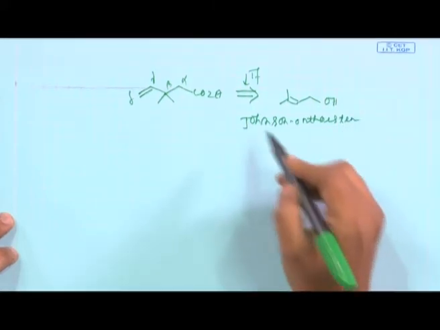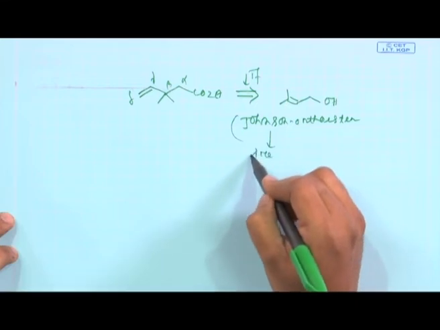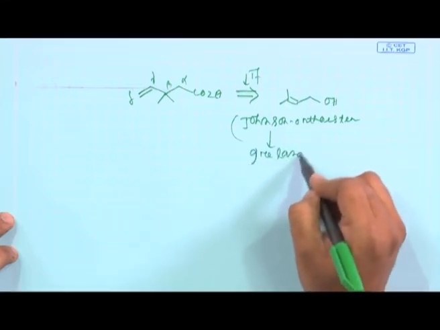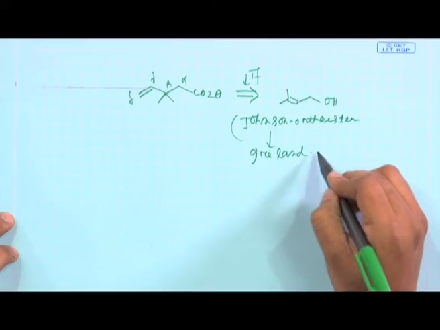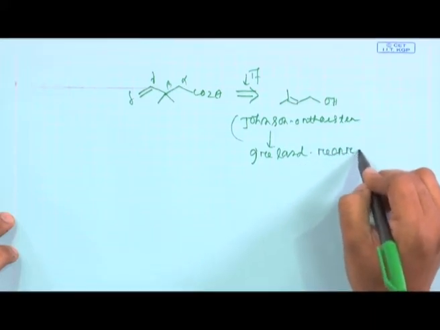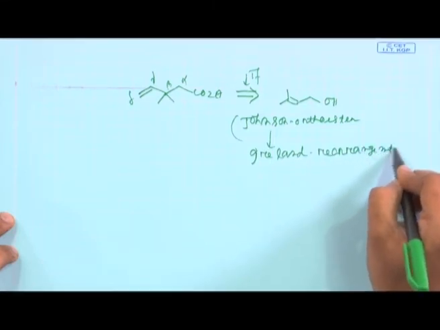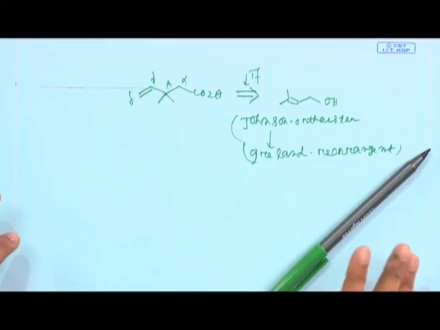Similarly, we also talked about the Ireland-Claisen rearrangement, which is a modified version of the Claisen reaction, and that will also give you a gamma-delta unsaturated carbonyl compound. And the rest of the things are basically functional group interconversion. You have to convert whatever functional group we have generated.